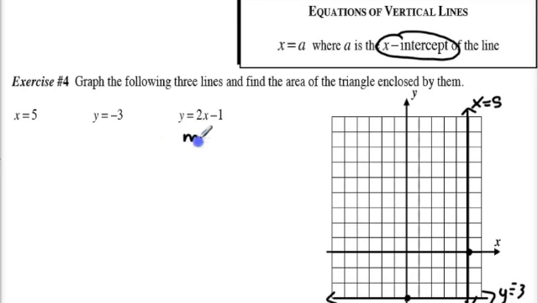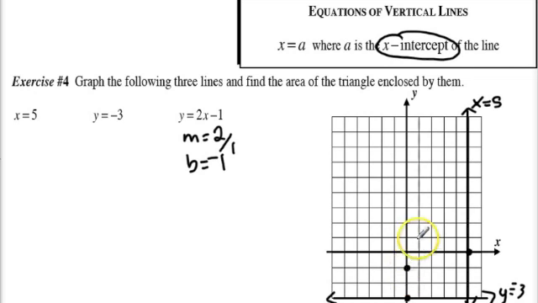So if we determine our m value to be 2 and our b value to be -1, then I know we begin graphing at -1 on the y-axis because this really is just your y-intercept for this particular line. And then we're going to use the slope. The slope is going to be 2 over 1.